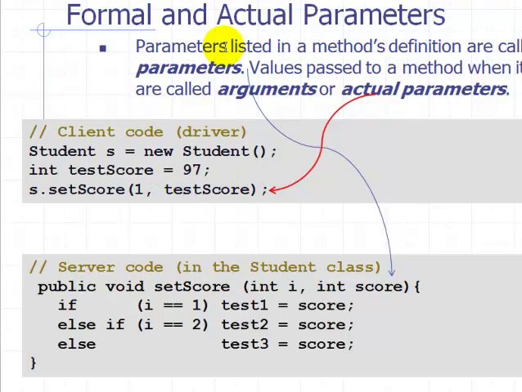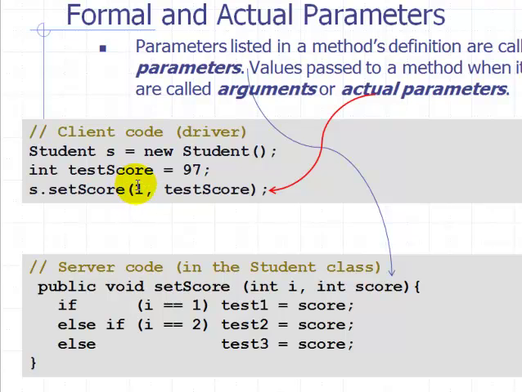So let's look at some vocabulary before we talk more about that. There are specific names to these values that you put in, and we call those the actual parameters. What you are actually passing to the method is one way to remember them.